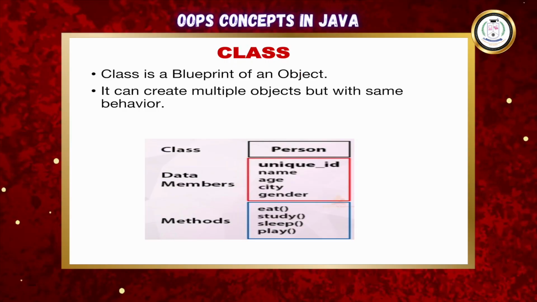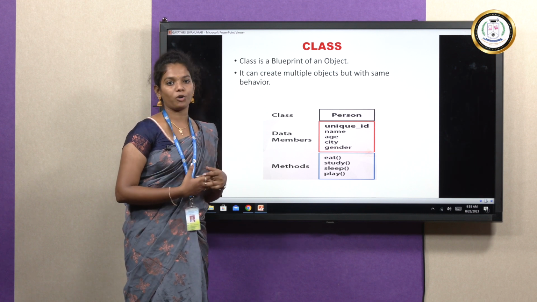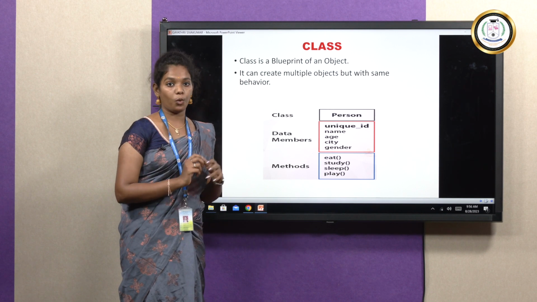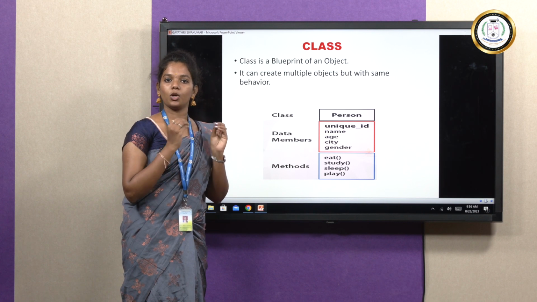Here comes my class. As we discussed in the previous pictorial representation, a class is a blueprint of an object. We can create multiple objects using this class, but they should be of the same behavior. For example, let us assume there is a class called student.